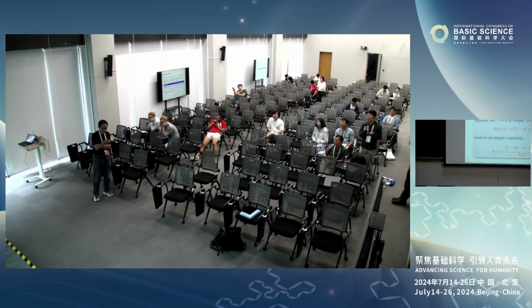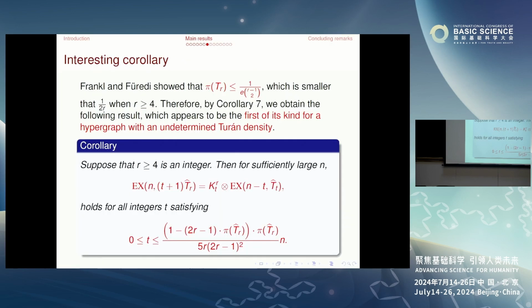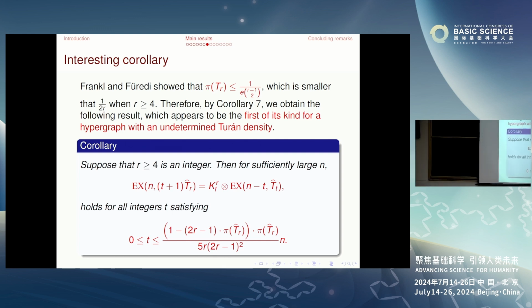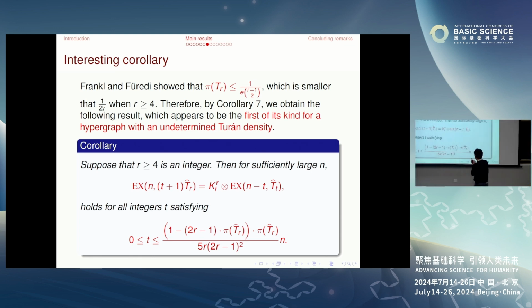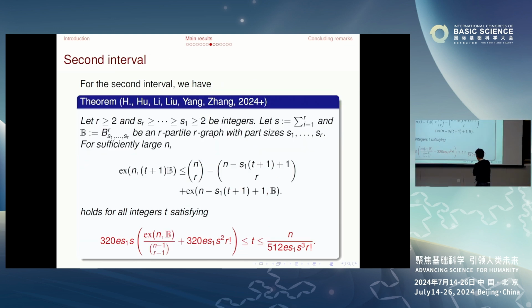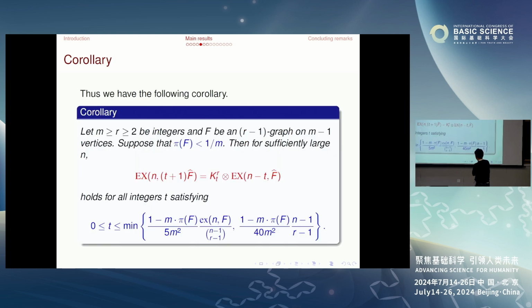Yeah, this one. Okay. It does not include the K4^3 minus. No. As K4^3 minus doesn't contain this one, we want this one. It's neutral for K4^3 minus. Yeah. Okay. Thank you.